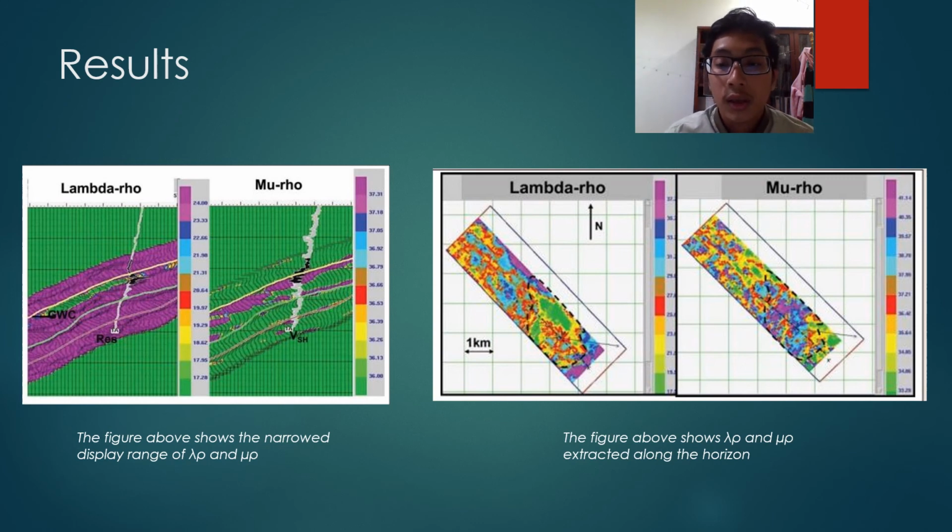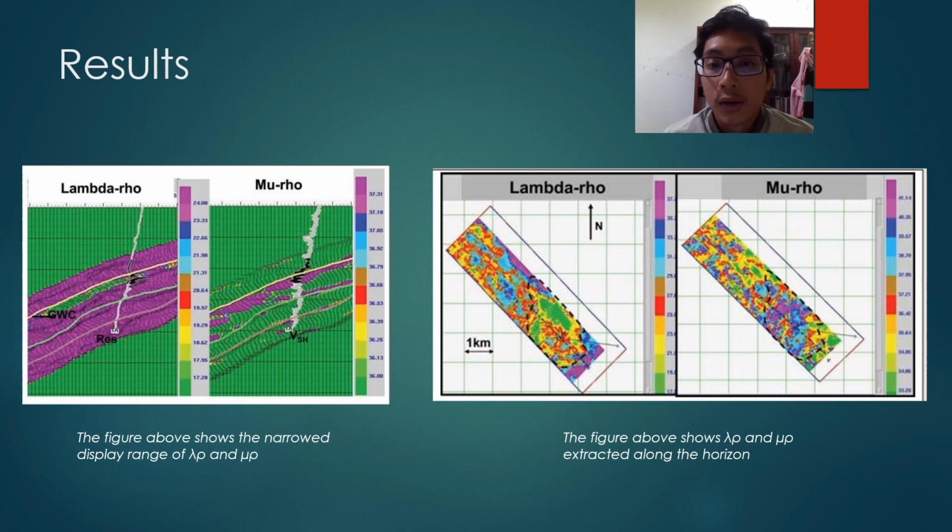As we can see on the right hand side of the slide, this figure shows the Lambda-Rho and Mu-Rho map views of the distribution extracted along horizon A. The dotted polygon indicates the general location of the field.